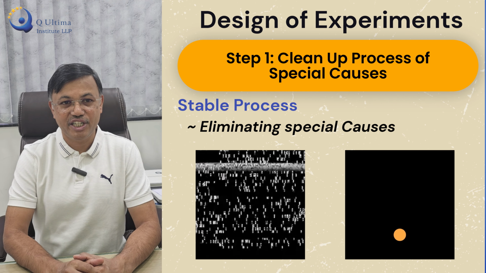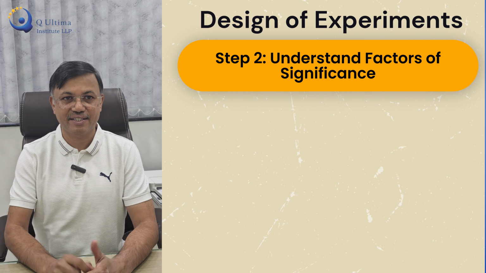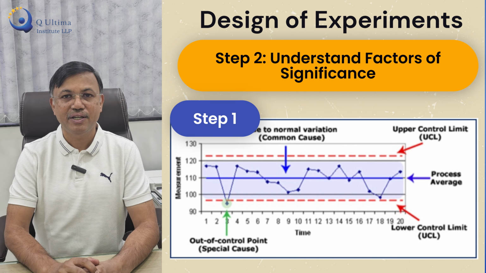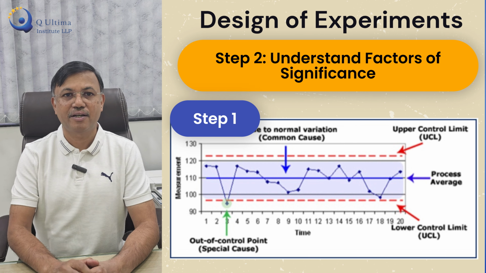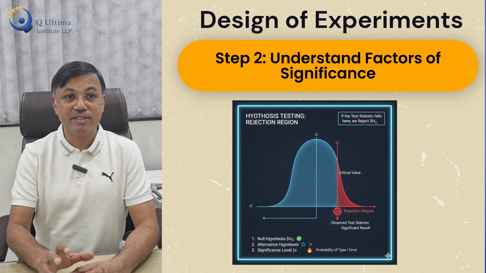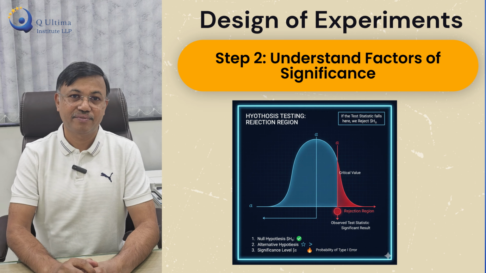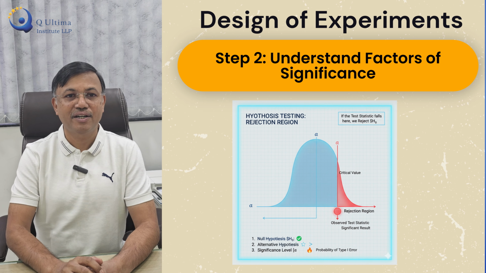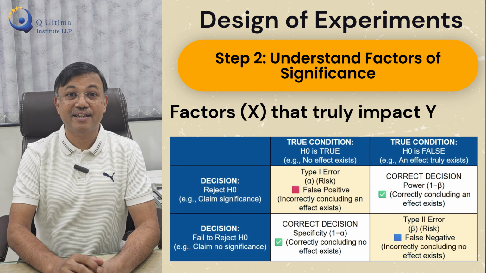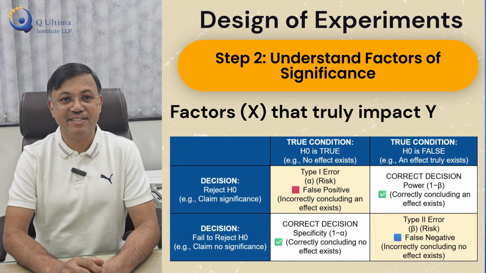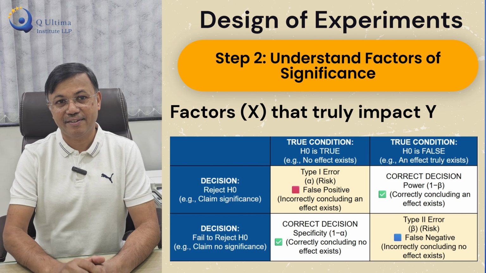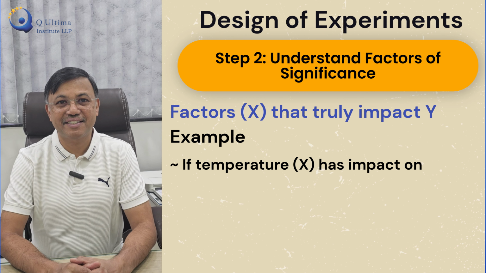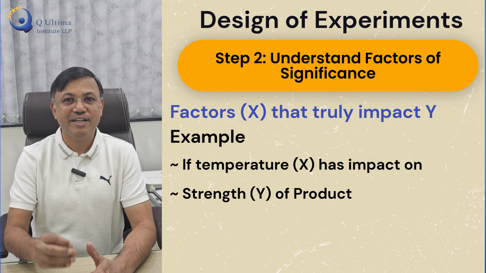Step 2 is understand factors of significance. Now that the process is stable, which we ensured in step number 1, we need to focus our attention on which potential inputs or X's actually matter. We use hypothesis testing on historical or primary data to determine if factors of variation truly have a significant impact on our Y. For example, does temperature really affect the strength of our product, or is it a non-factor?